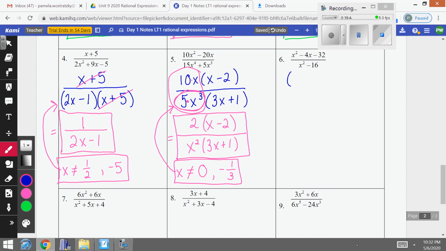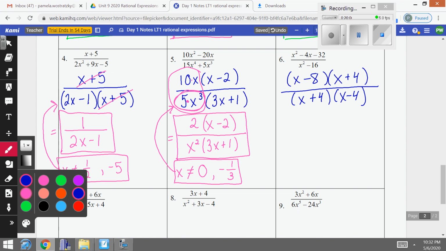This numerator, it factors right here. We have an x minus 8 and an x plus 4. Then our denominator is a difference of two perfect squares, so x plus 4 and x minus 4. So when we look at what can reduce, x plus 4 divided by x plus 4 is 1.